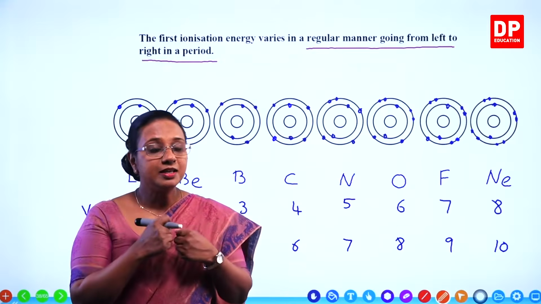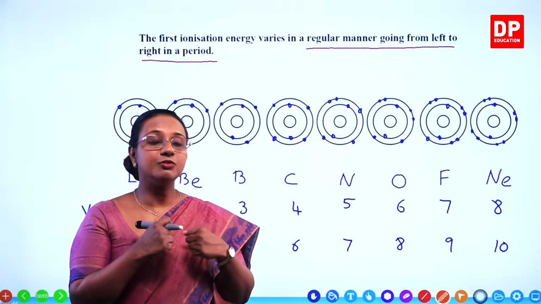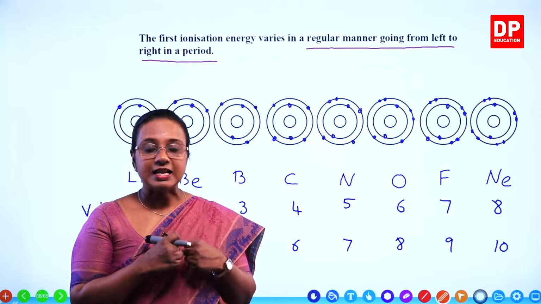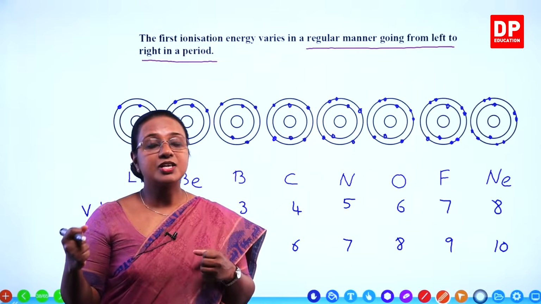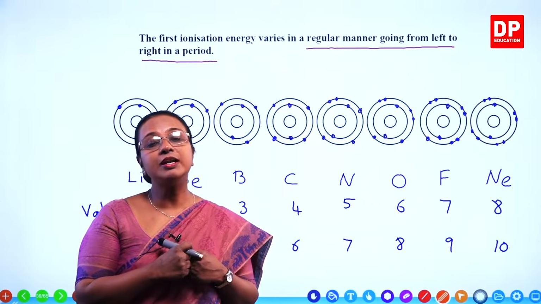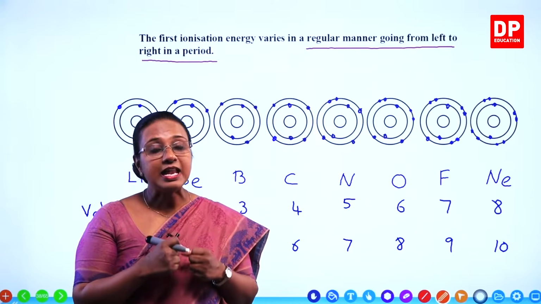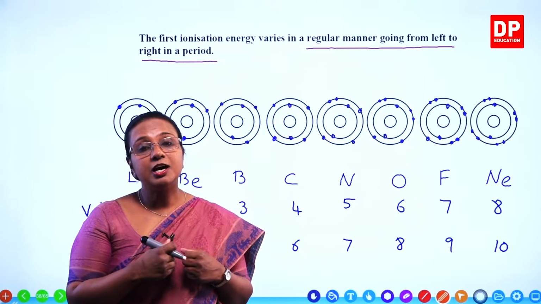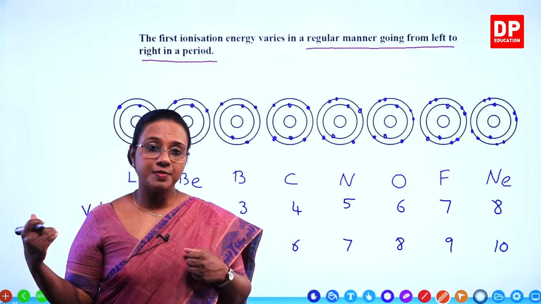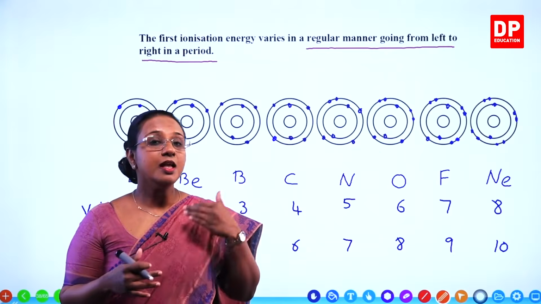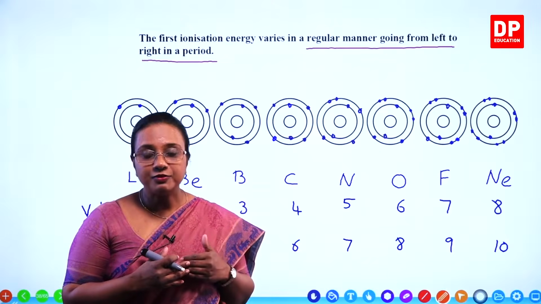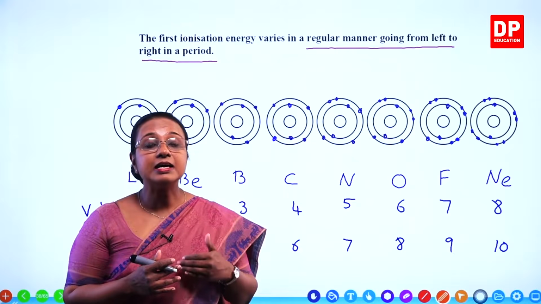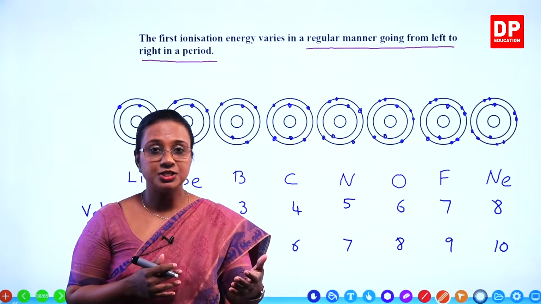When something is attracted strongly to another substance, that is here, the electrons are attracted strongly by the protons, then it will become difficult to remove it from the atom. Therefore, we will have to supply a higher amount of energy.